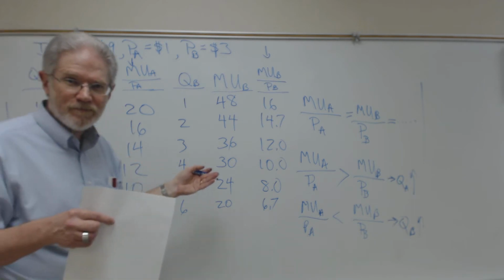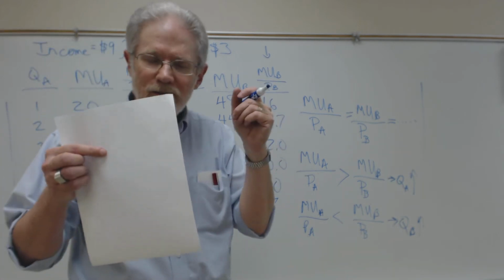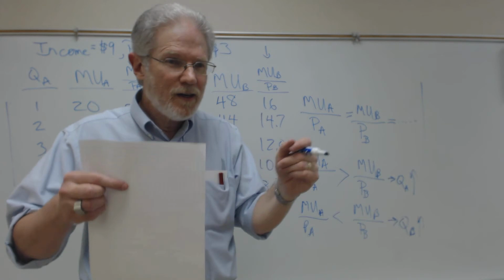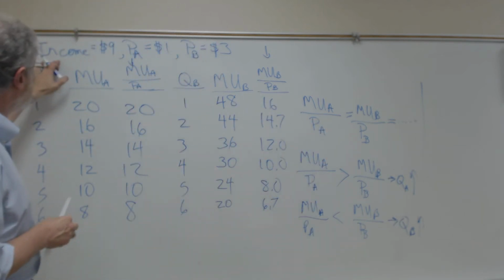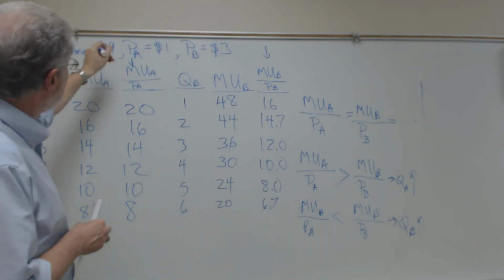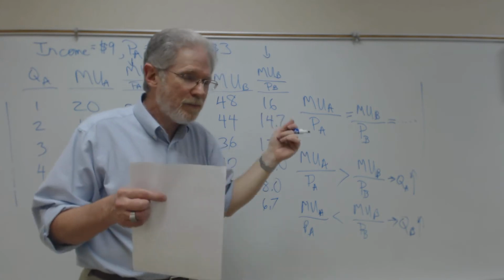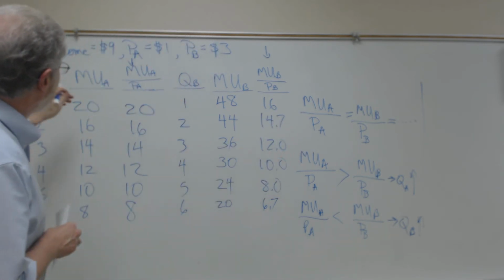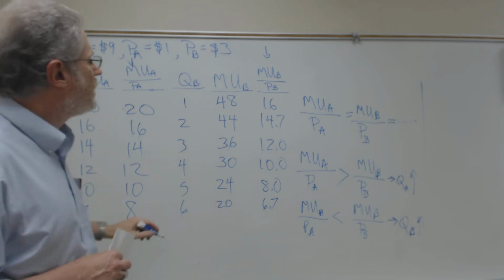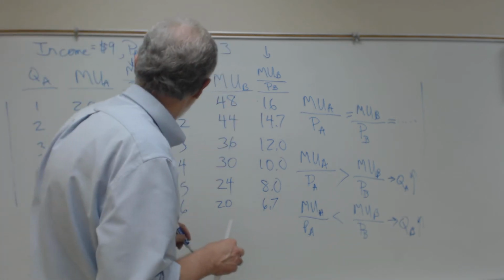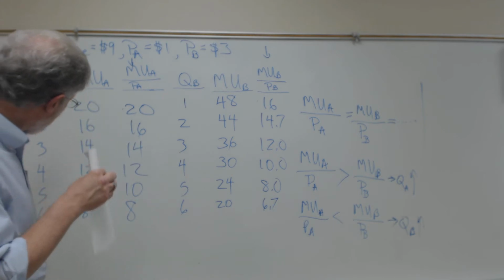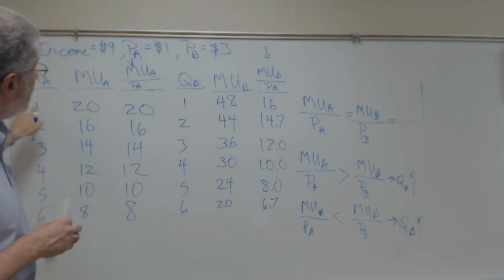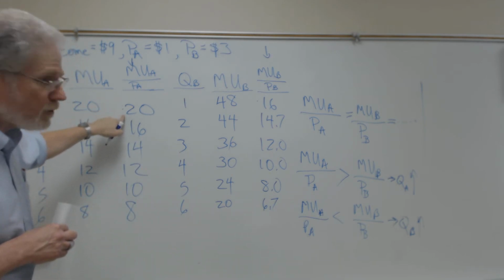What do we do now? Well, think of this intuitively. You've got your consumer, you've got $9 to spend. Start out and simply ask, where's the best place to spend the first dollar? And you're comparing this number with this number. Okay? When he buys the first apple, he's getting 20 units per dollar spent.